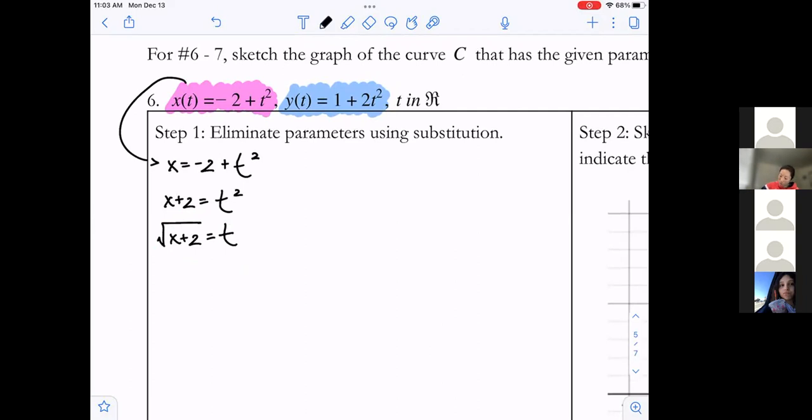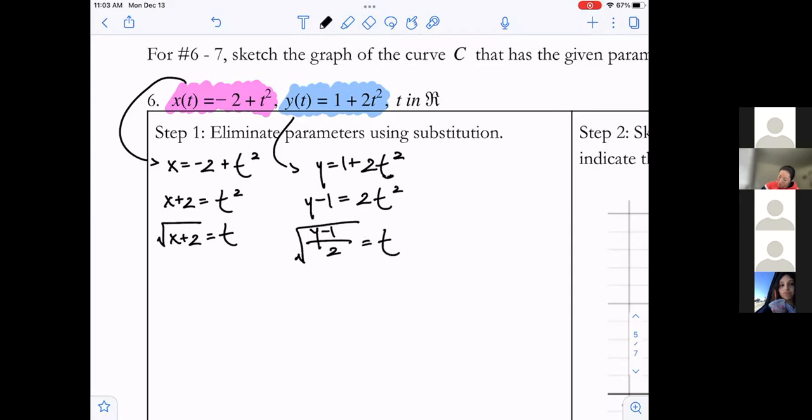Okay, do the same thing for y. All right, so y equals 1 plus 2t squared. y minus 1 equals 2t squared. y minus 1 over 2, and the square root of that equals t. Okay, now what?